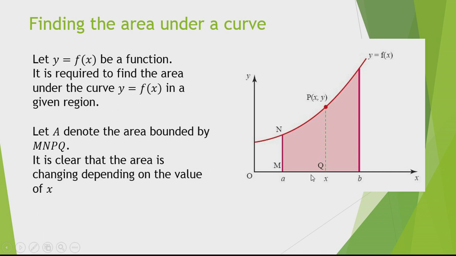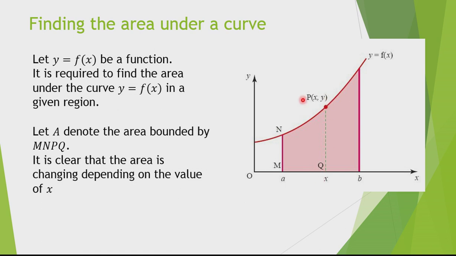If P is somewhere here, let's say this point P (x, y), then the region is somewhat smaller. When it comes up to somewhere here, somewhat bigger. When it goes somewhere here, the shaded region is even larger. When I go from A to B, I get the complete area. So I have considered the general point P with coordinates (x, y) on my curve.